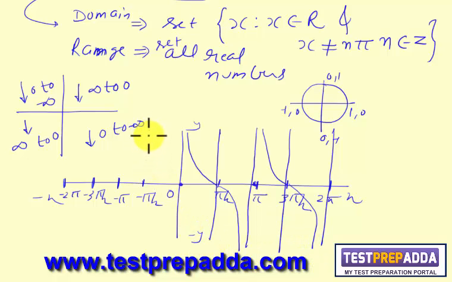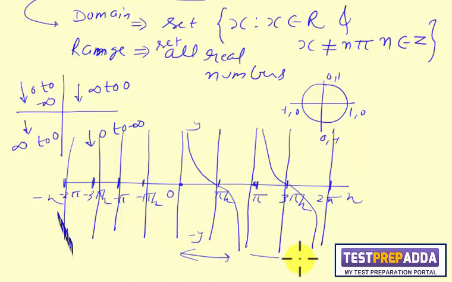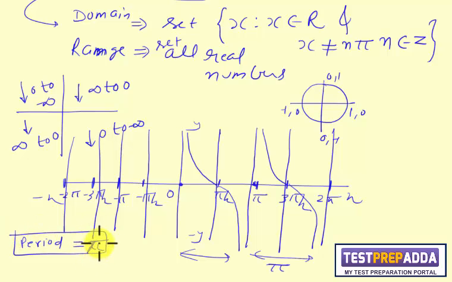Now similarly you can extend the graph this side, but the important point here is if you see the graph carefully, it repeats after an interval of pi. So here also the period of this function is what? Pi. The period is pi.